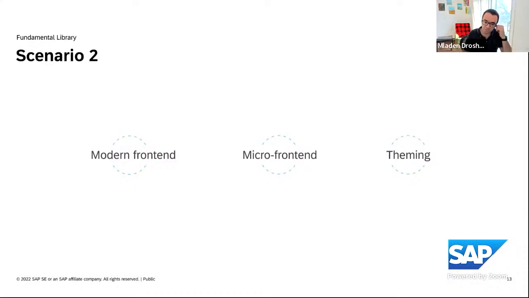Another part is that we want to create a micro frontend application. What does micro frontend mean? It actually allows you to split the front end, but not only, into smaller decoupled features and code bases.